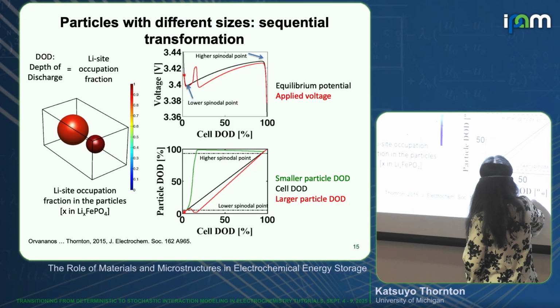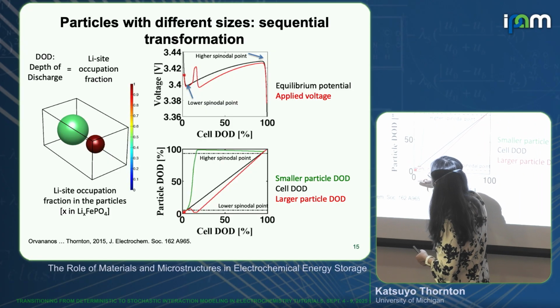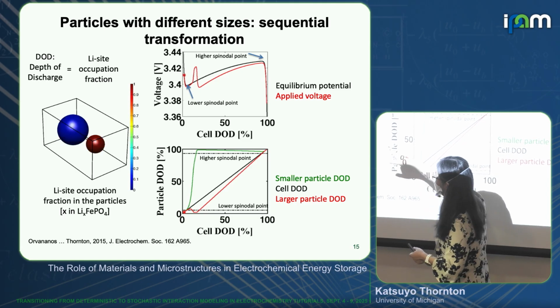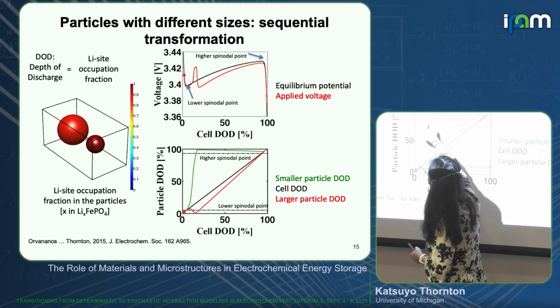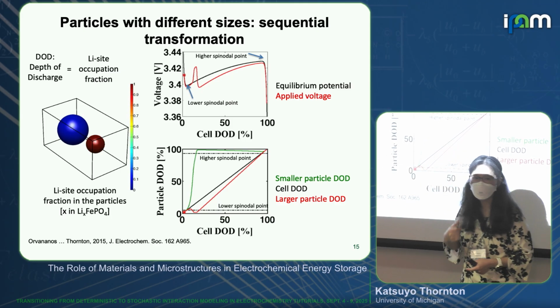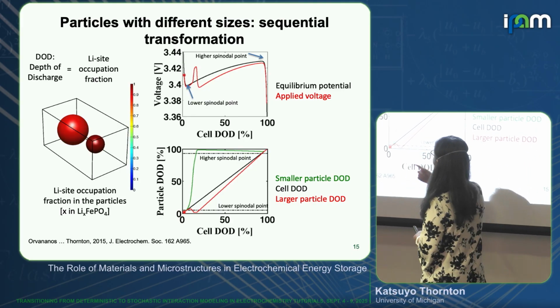And that's when things happen. This one starts going up higher, and we may not be able to see it in the movie, but all of a sudden it accelerates in terms of how quickly the lithium fraction changes in the small particle.